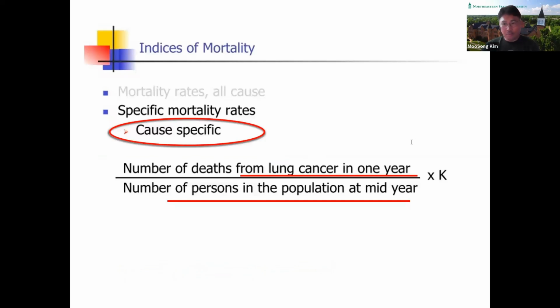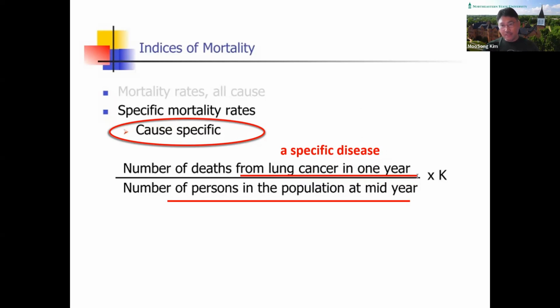And then the next mortality rate that we are going to talk about is the cause-specific mortality rate. Cause-specific mortality rate is the number of deaths from a specific disease. For example, here, lung cancer. We could have another example like cardiovascular disease or car accident.